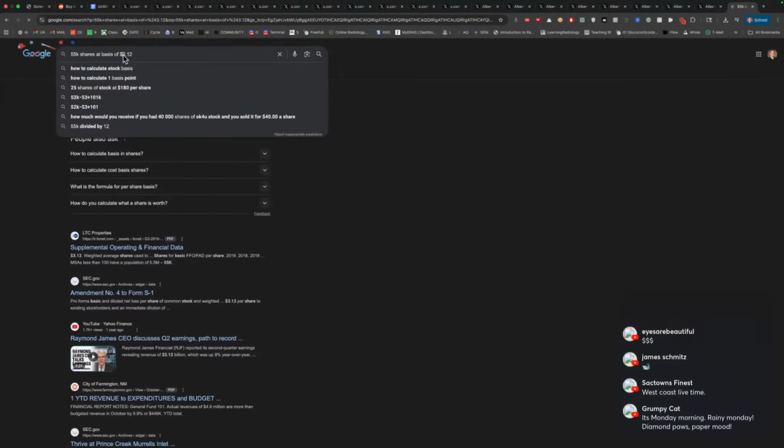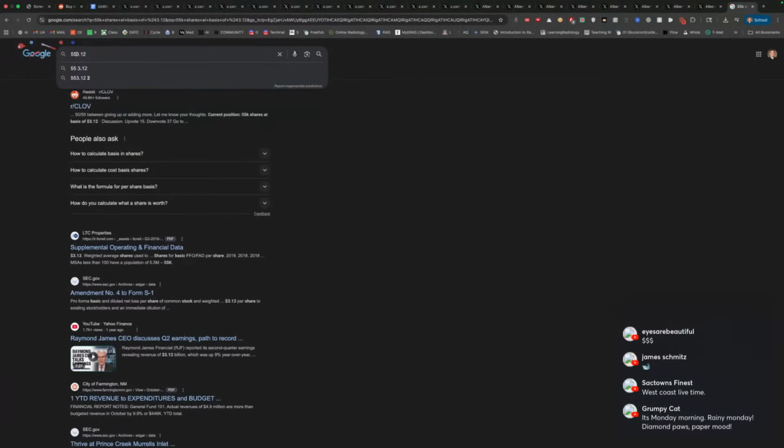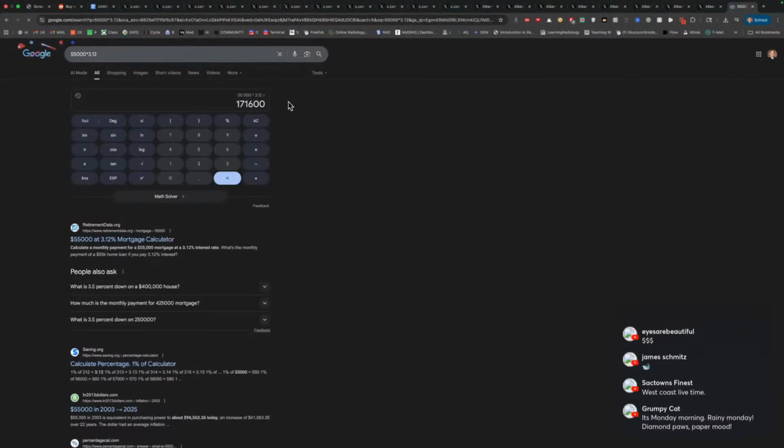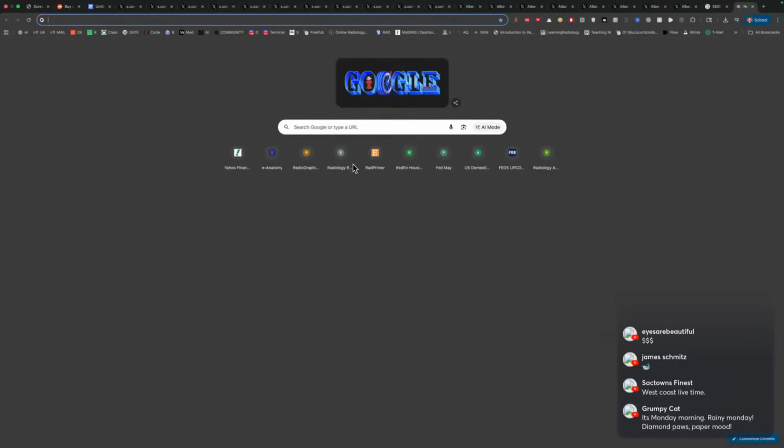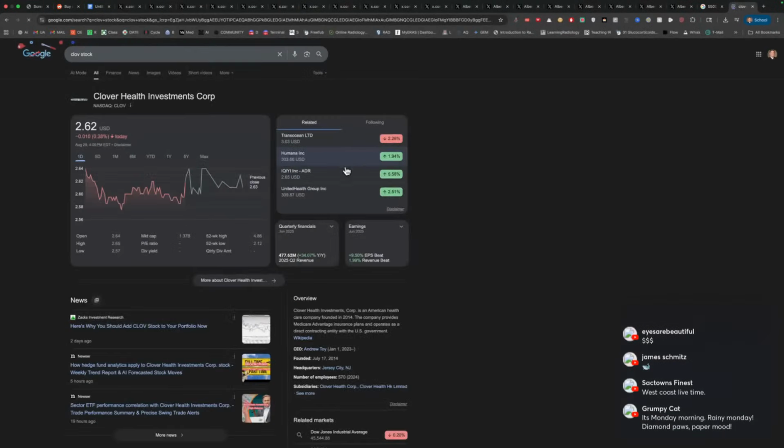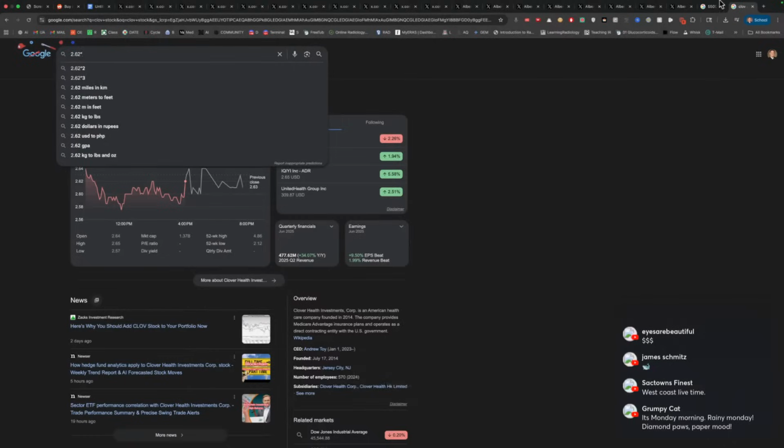Let's just stick this here and do some math. He has about $171,000 in CLOV initially, but right now CLOV is trading at 2.62, and he had about 55K shares.